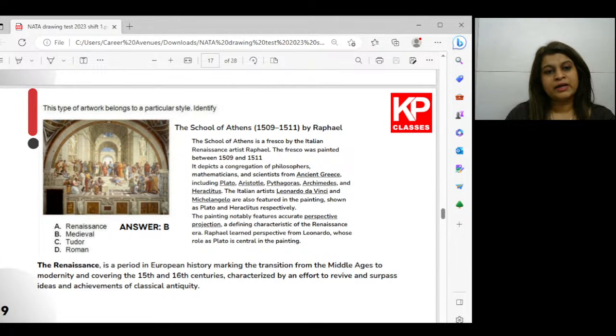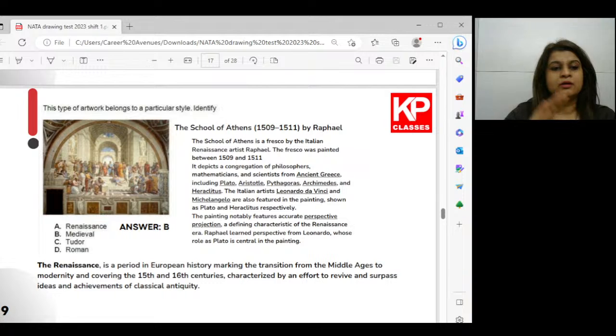So, the Renaissance era is also known as the revival. Okay, the Renaissance period in European history, marking the transition from the Middle Ages to modernity and covering the 15th and the 16th century, characterized by efforts to revive and surpass ideas and achievements of classical antiquity.